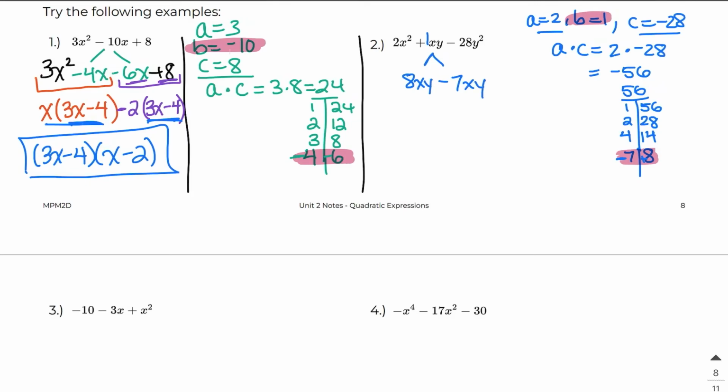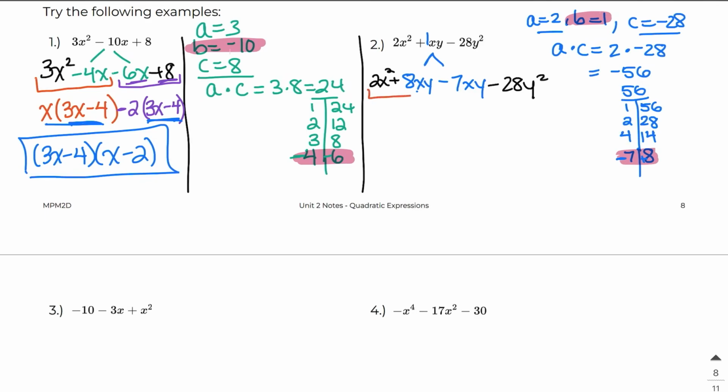I have to have that xy in there because 8xy minus 7xy have to give me 1xy. I have to have xy's here so they collect together to give me this. Then I'm just going to copy the rest of this down. Okay, and then I'm going to group my terms together.